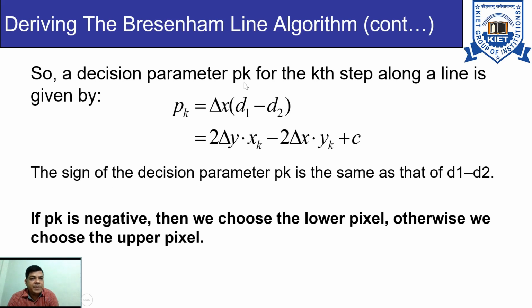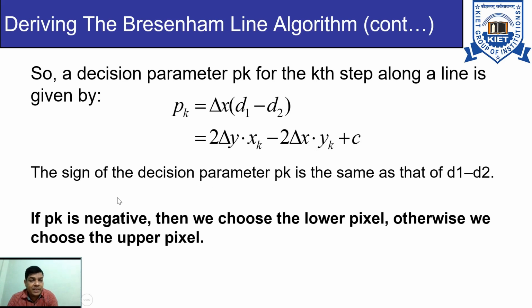A decision parameter pk for the kth step along the line is given by pk equals delta x times d1 minus d2, and we have already seen that this is 2 delta y xk minus 2 delta x yk plus c.